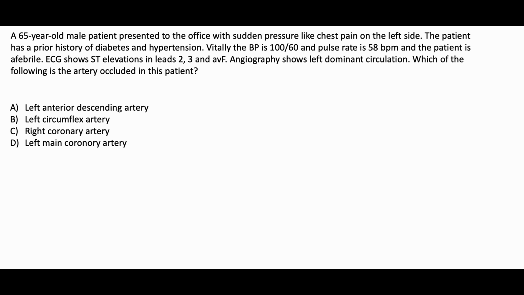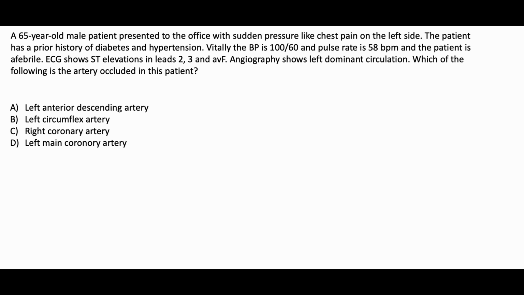When you have 2, 3, and aVF ST elevations, that's inferior wall, which in the majority of patients is supplied by the right coronary artery, because the majority of patients have right dominant circulation. We will talk about right and left dominant circulation, because you absolutely need to know this for Step 1. Step 2, you may or may not need to know this, because this is a more anatomical question. So we have to know the arteries.